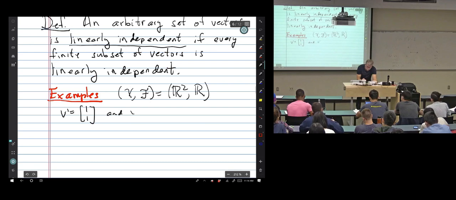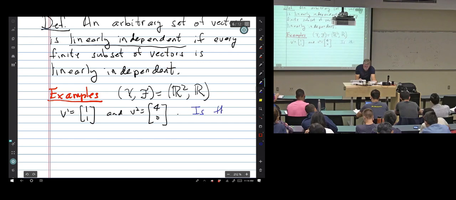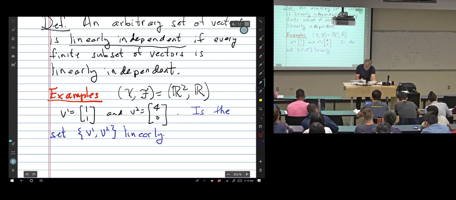And I'm going to make it easy on myself and you. v2 is (4, 0). Is the set v1, v2 linearly independent?